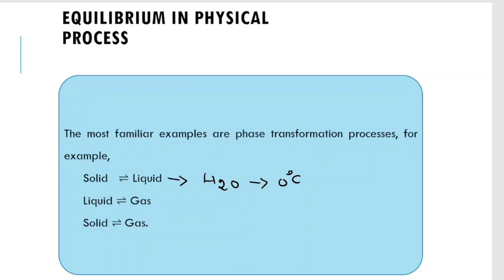the solid H2O, that is ice, in a closed vessel definitely exists in equilibrium with the H2O which is in the liquid form, that is water. So at temperatures like the melting point for solids, we can see the equilibrium process.